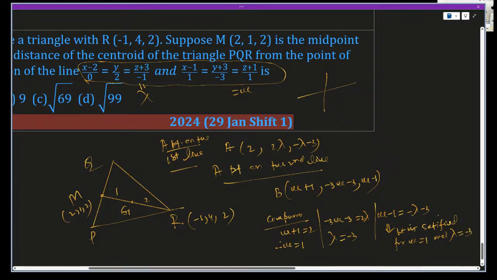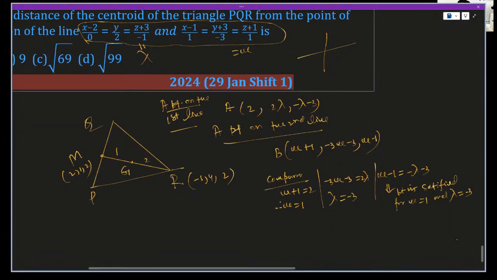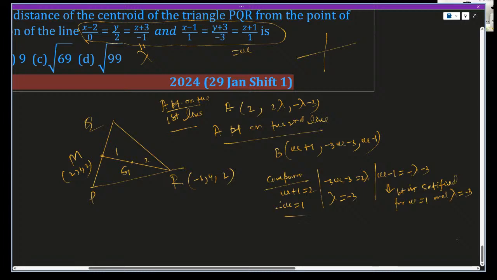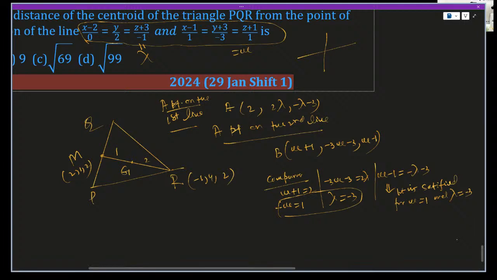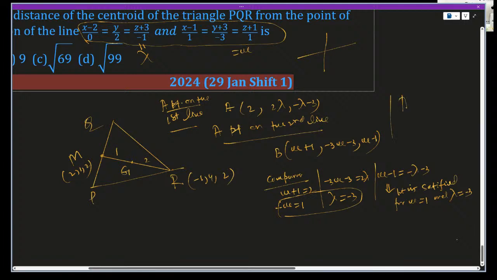In a board answer script you will write the reason. In JEE there is no responsibility to explain all these things. You will do it very fast. So these two values are accepted. So A is going to be what? A or B, whatever you say, they coincide. Put mu equal to 1 here: 2, minus 6 and 0.